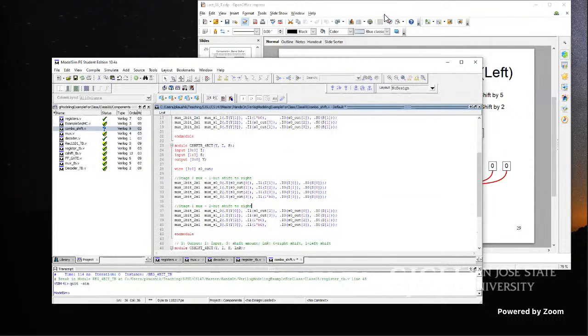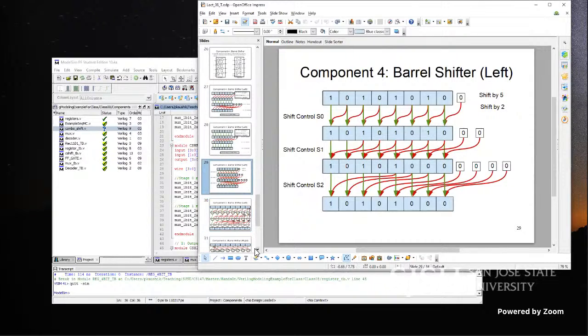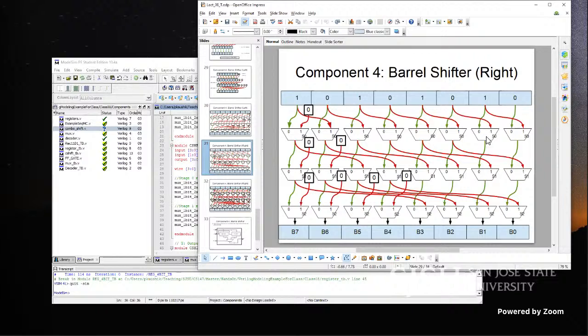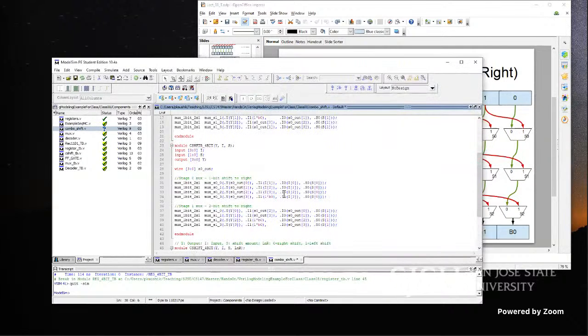The mechanism is the same. Basically, we are trying to do this. If it is no shift, it follows the input. If it is a shift, the MSB is 0, and then it successively follows I3, I2, I1, and I0 is thrown out of the picture, and so on and so forth.